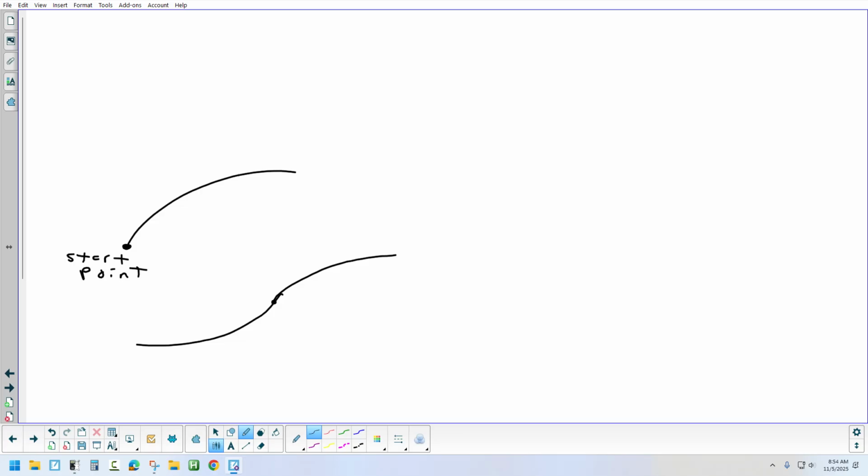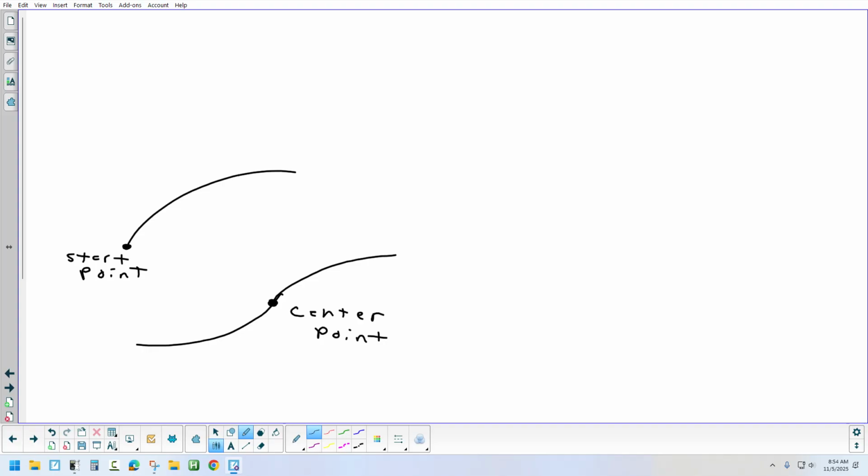The start point is where the root starts, and then it curves in one direction. With this, I call it the center point. The center point is only something that you have to find with odd roots.